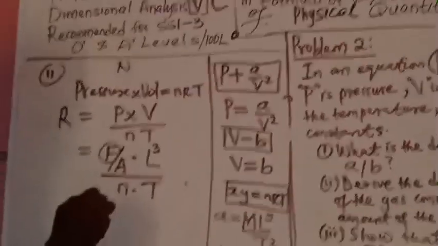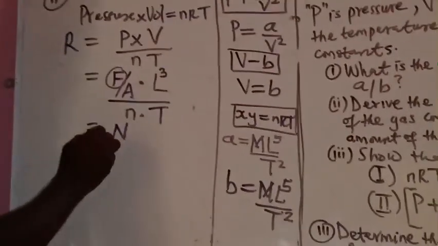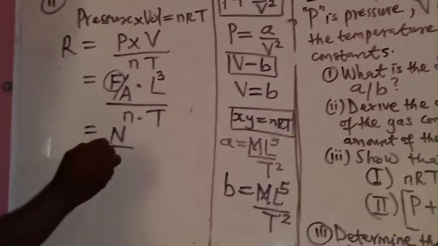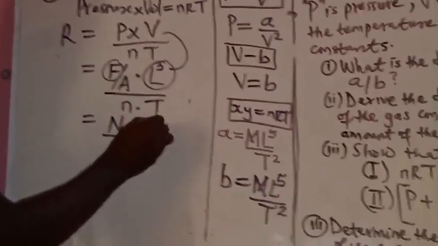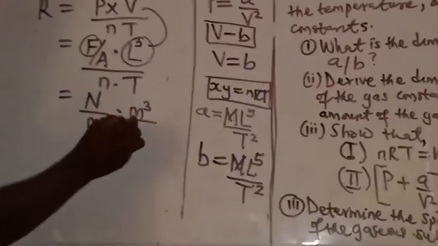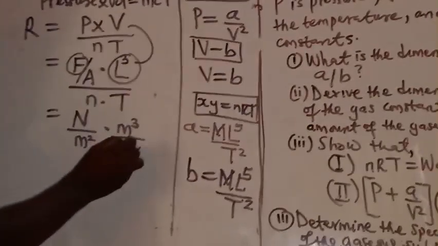But this one is meter, that's going to be Newton, the unit there. Area is meter squared. This volume, that is V, is meter cubed, because they want us to find the base unit, so I want to go straight. Then temperature is degree Kelvin.